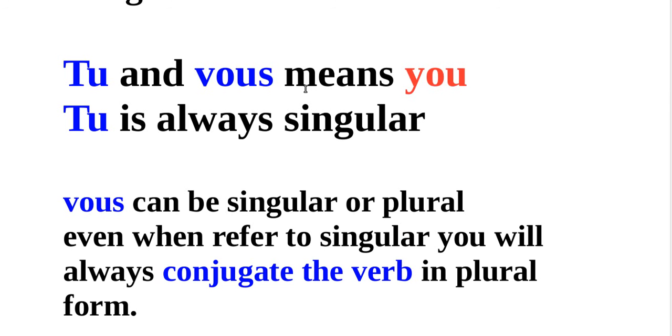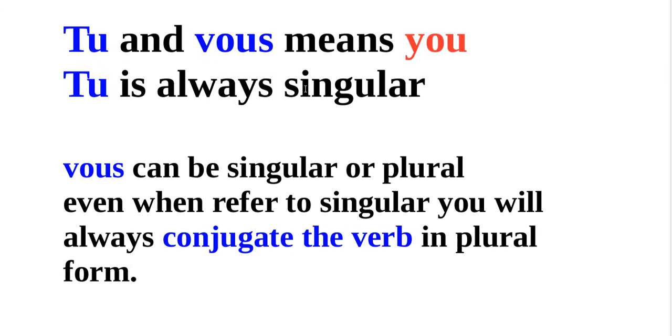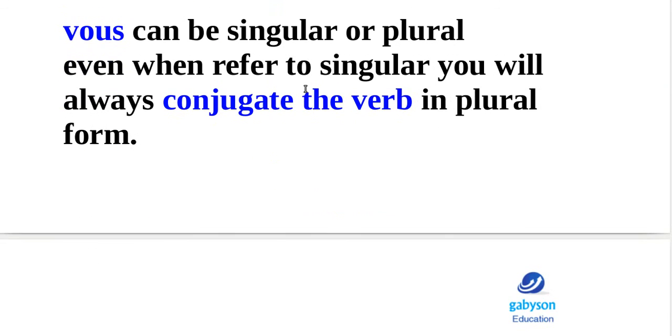Tu is always singular. And vous can be singular or plural depending on the context, but whenever you are conjugating verbs, it should always be conjugated in the plural form.